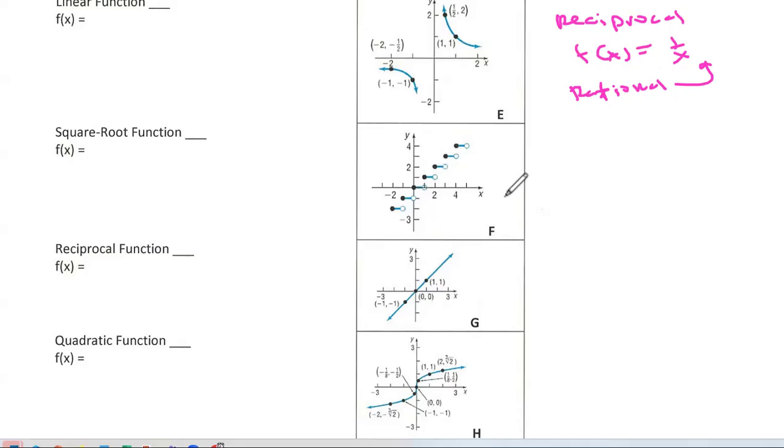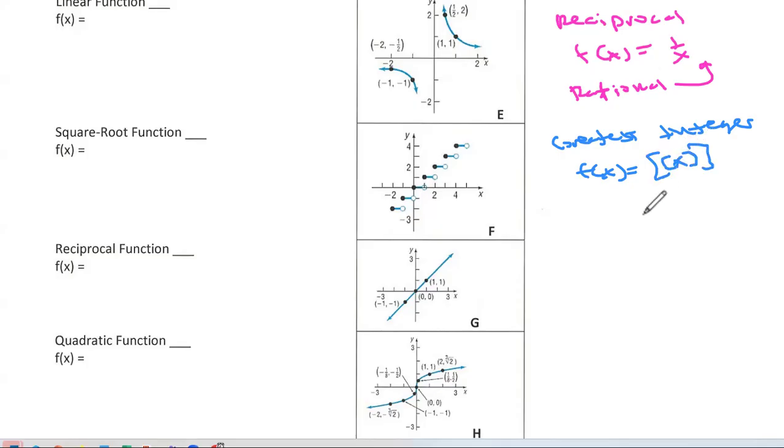Okay, for F there is called the greatest integer function, and that's represented by f of x is equal to, and it looks like two brackets like that.